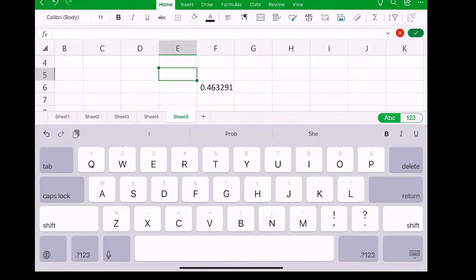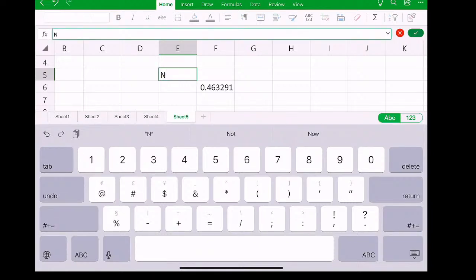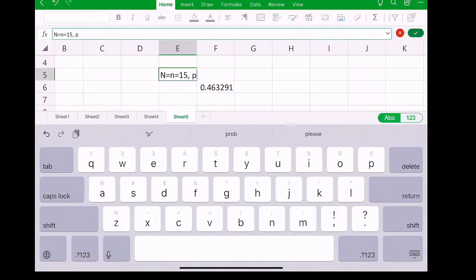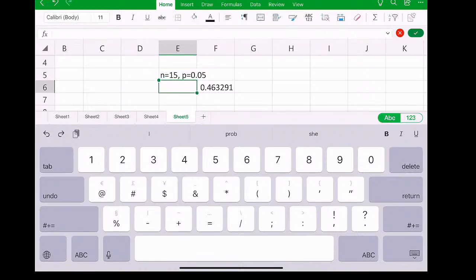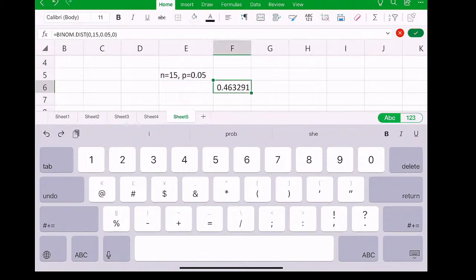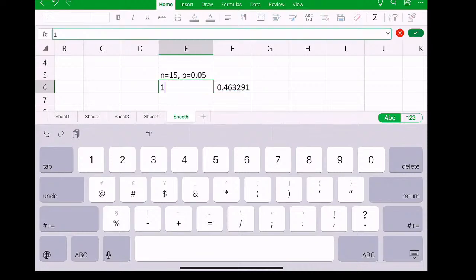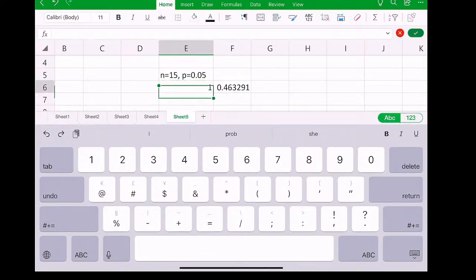So this is for n equals 15 and p equals 0.05. This is for x equals 0 or k equals 0.